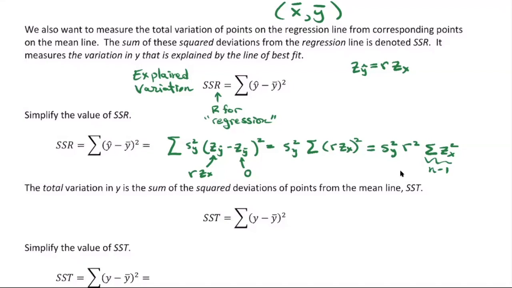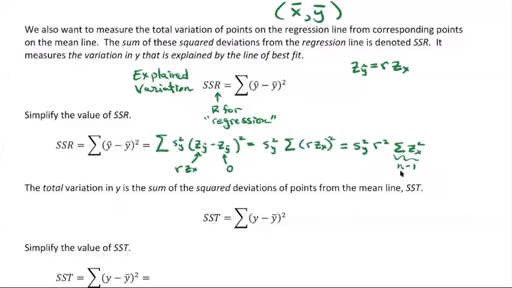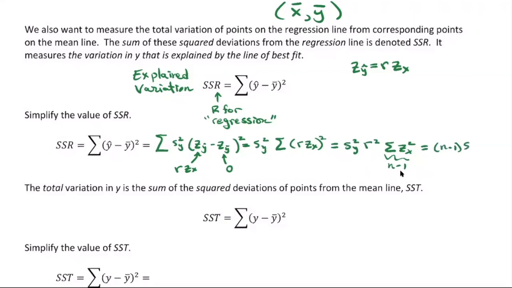So in the end, I'll write n minus 1 times s y squared times r squared. Okay, so that's called the explained deviation from the mean, or variation, if you like.